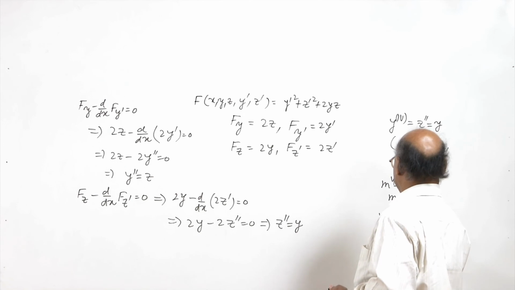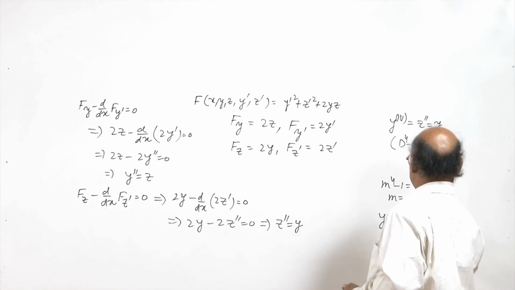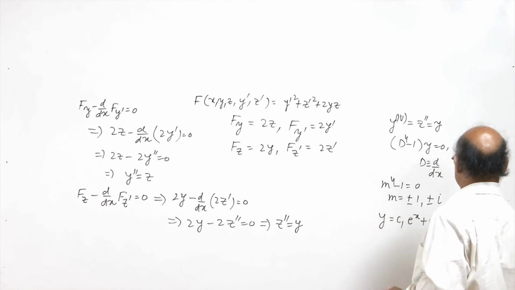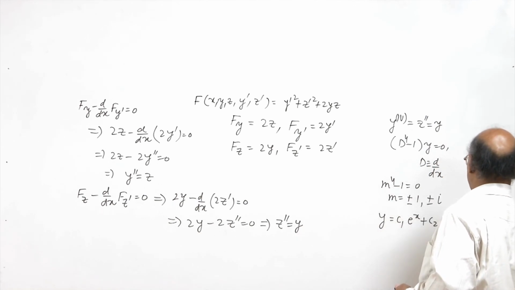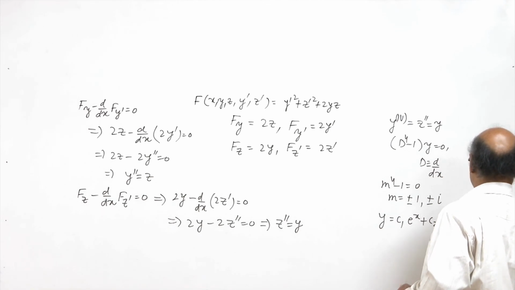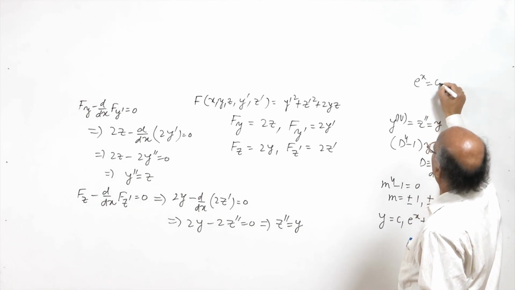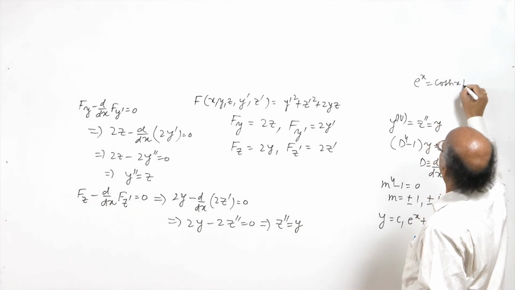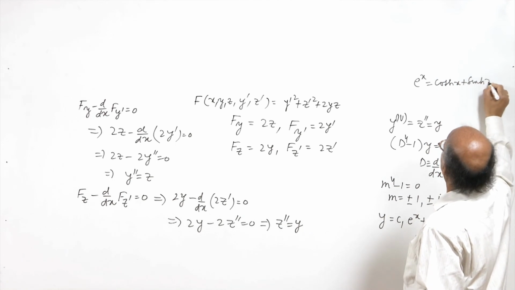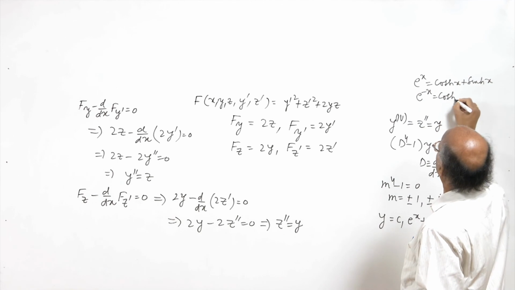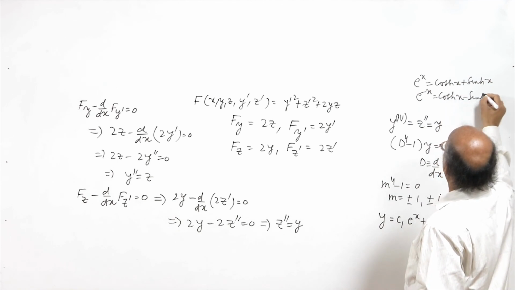So y is equal to c1 e to the power x plus c2 e to the power minus x plus c3 cos x plus c4 sin x. Now we know e to the power x is cosh x plus sinh x, and e to the power minus x is cosh x minus sinh x.